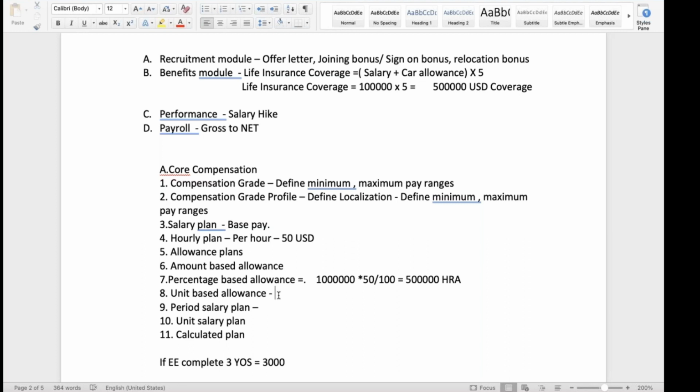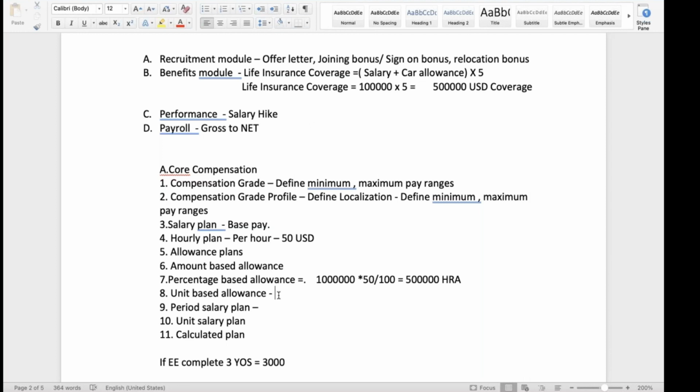Similarly, Amazon. Amazon delivers packages, let's say boxes. Based on the number of boxes the Amazon delivery executives deliver, the unit-based allowance will be paid.